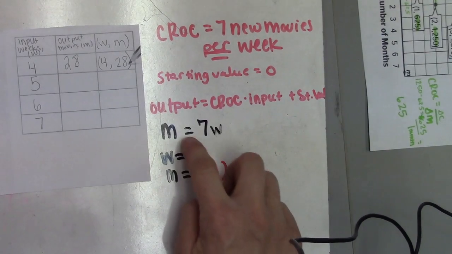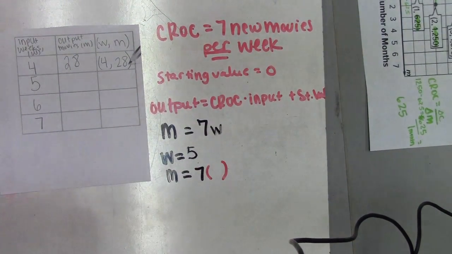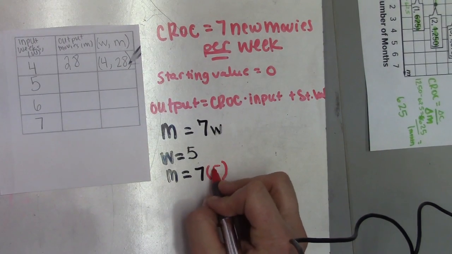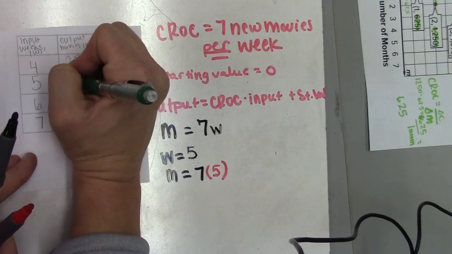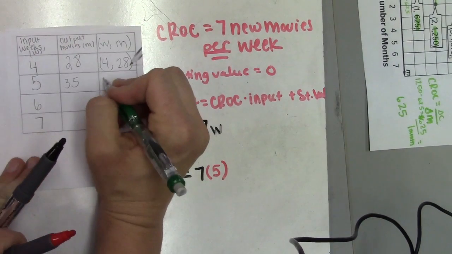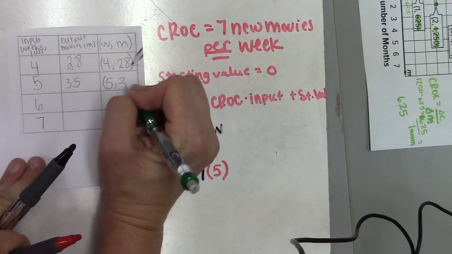And what if my weeks are 5? So W equals 5. In place of W, I substitute 5. And 7 times 5 is 35. So my ordered pair would be 5, 35.